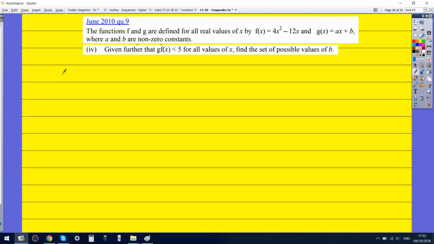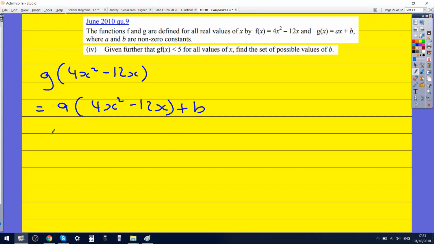So we put 4x squared minus 12x plus b gives us 4ax squared minus 12ax plus b.